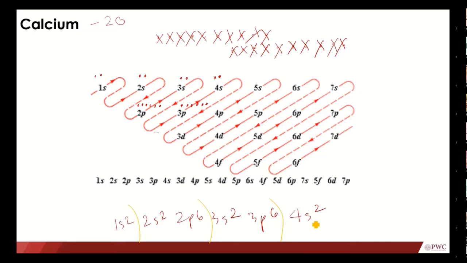How many electrons are in the fourth energy level? 2. So calcium has 2 valence electrons. Again, just check which one is the outermost energy level and then count the total number of electrons.